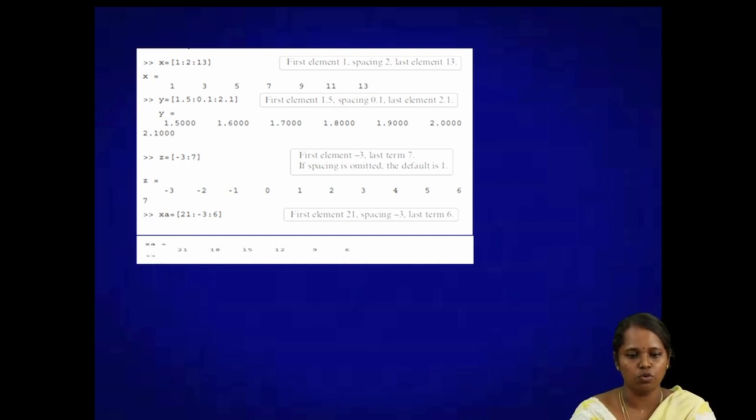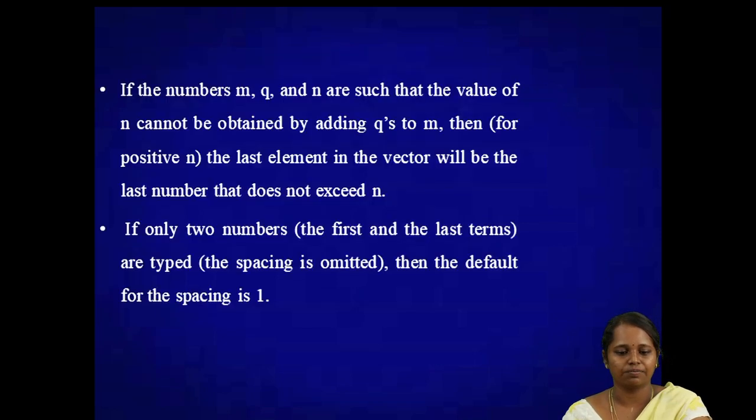The spacing is 2, 1 is the first element and 13 is the last element. The output starts with 1 and ends with 13, and in between the spacing is 2. The second example has a spacing of 0.1.